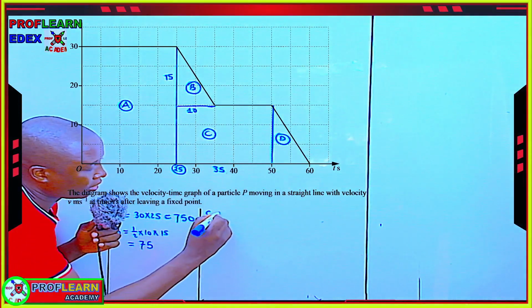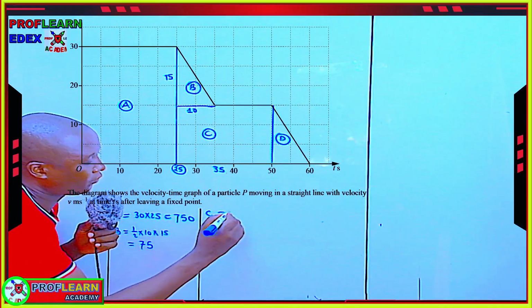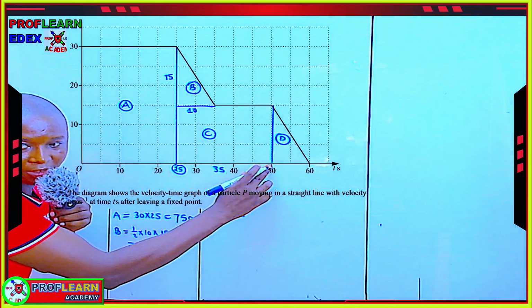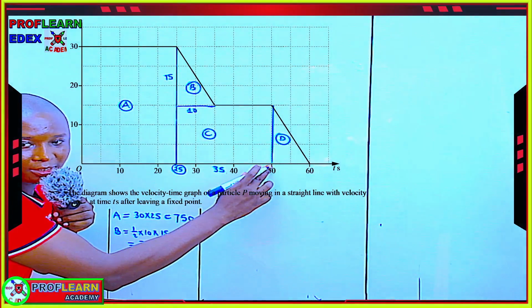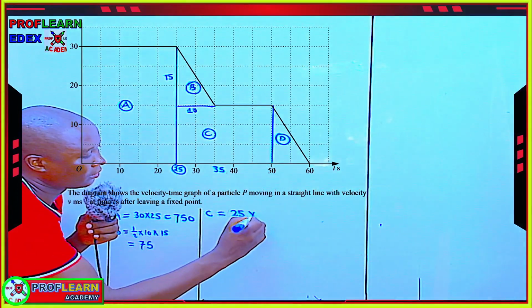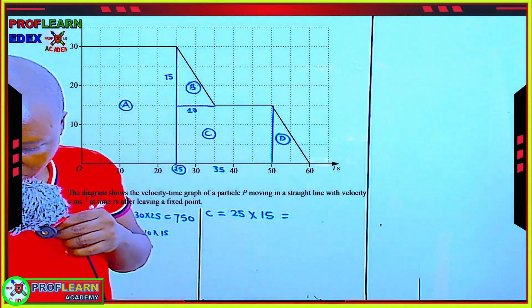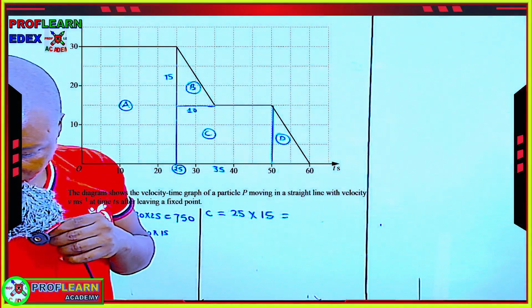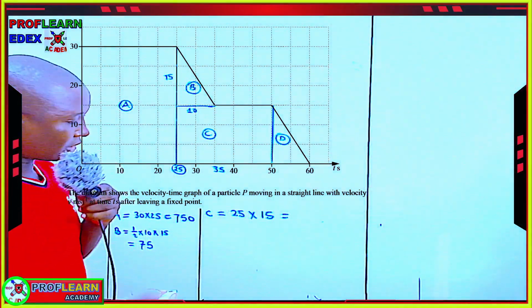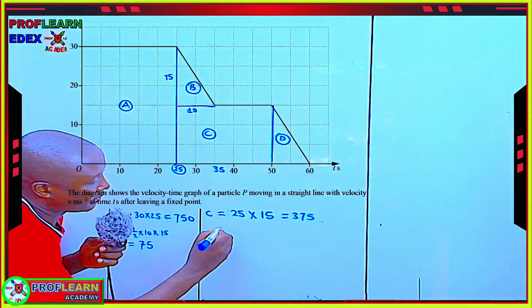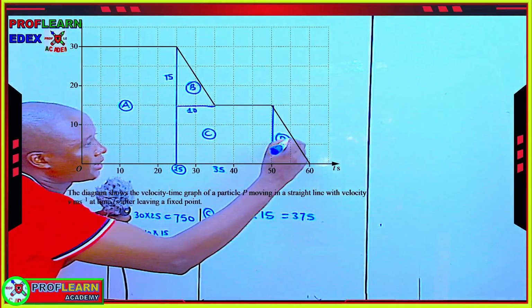The area of C is going to be length times width, 25, because you have to find the difference, times the height. The height is 15. So if you work it out, that is 25 times 15, which translates to 375.